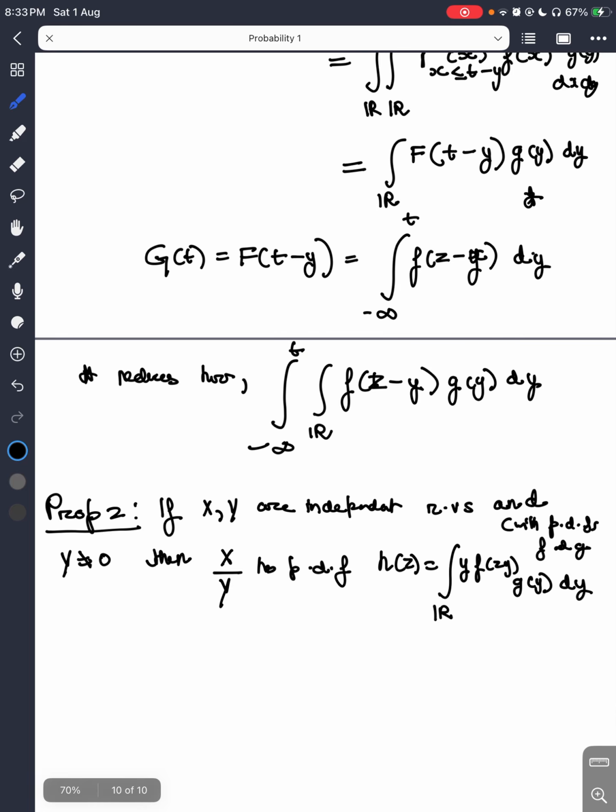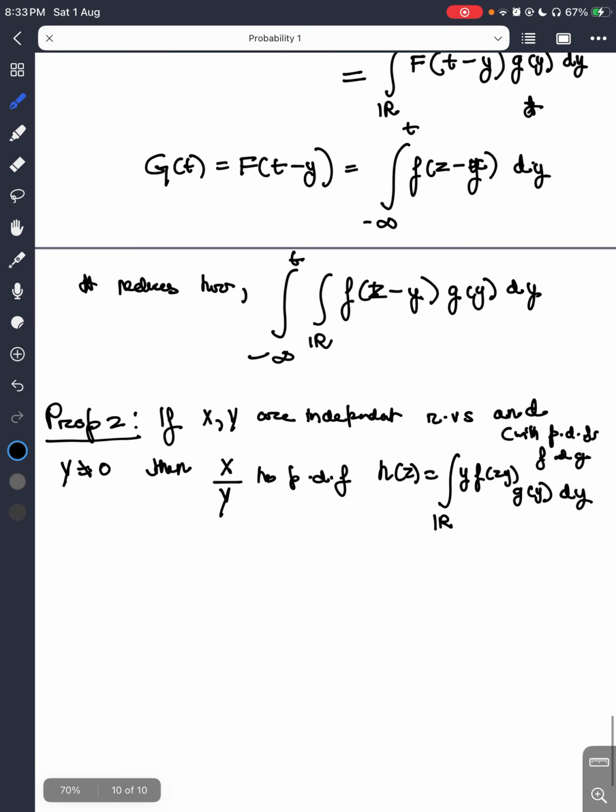You can check this using the same recipe as before. That is, here the indicator function will be X by Y less than or equal to z, where Y is non-negative, of course. So using this recipe and following exactly the above things, one can check that everything makes sense.